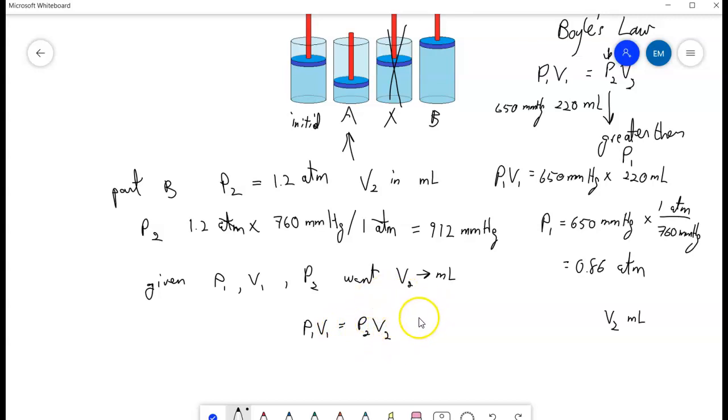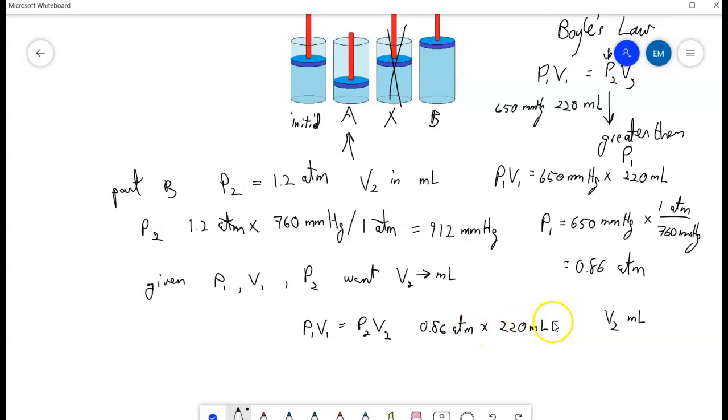P1 V1, I said we're going to use atmospheres, so P1 is going to be 0.86 atmospheres times V1, 220 milliliters.